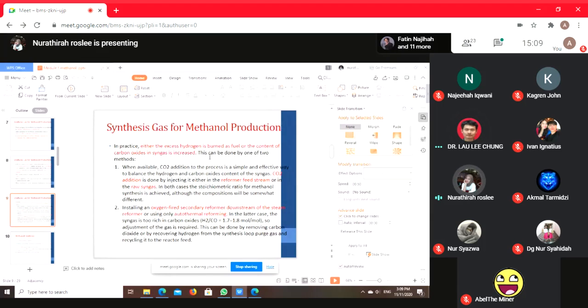One is installing an oxygen-fired secondary reformer after the steam reformer, or using only the primary reformer. So this one will achieve your ratio of 2.